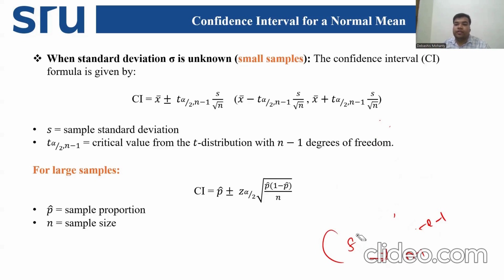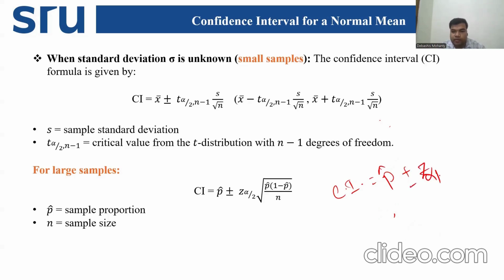All right. Next, we have to see the large sample. So here we can see the formula of the confidence interval. Confidence interval is equal to p cap plus or minus z alpha by 2 times the square root of p cap into 1 minus p cap divided by n.